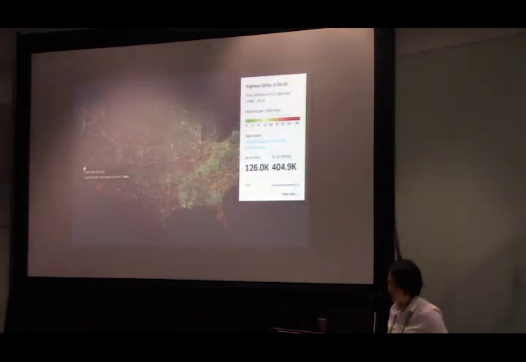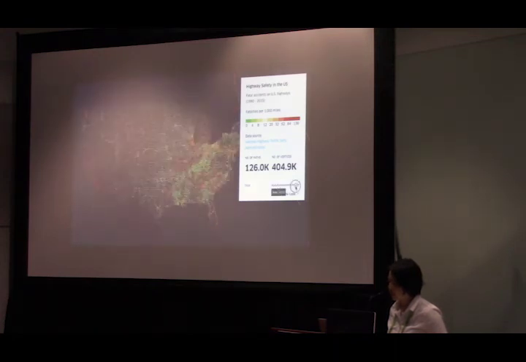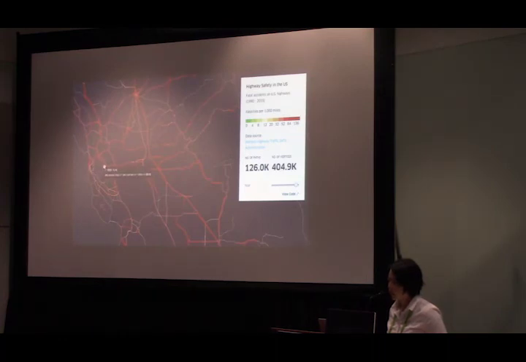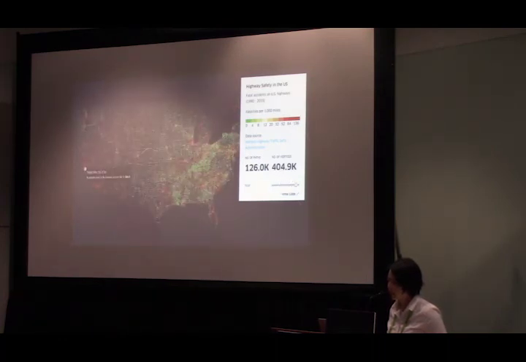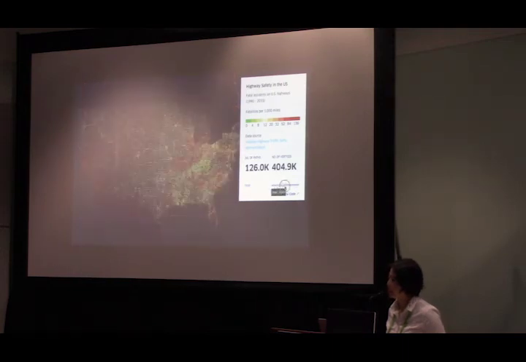So this is another example showing the highway accidents in the United States. And we use two sets of colors to indicate the fatality levels per 1,000 miles.